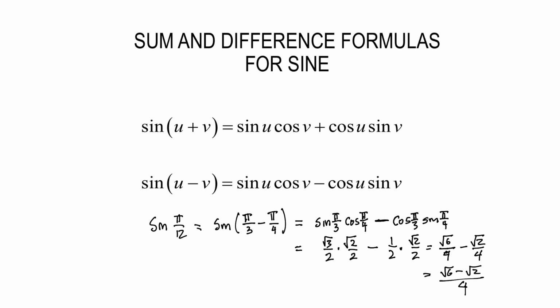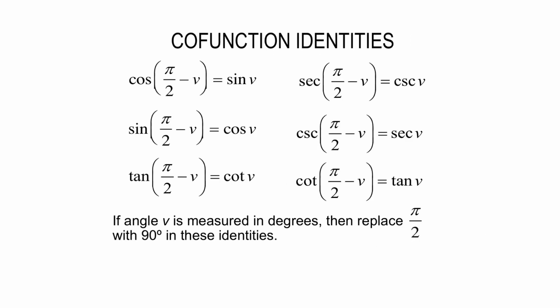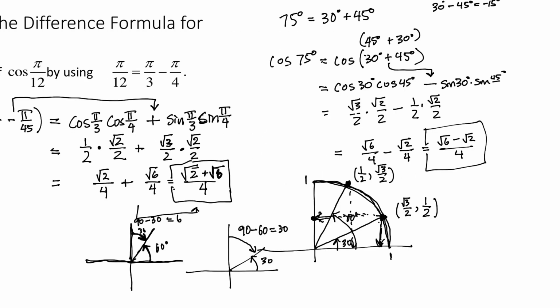That looks familiar, doesn't it? Let's go back to the other screen that we had. This was the same thing that we got back here when we took the cosine of 75. Notice that 75, let's draw that in, would be right about here. And guess what?